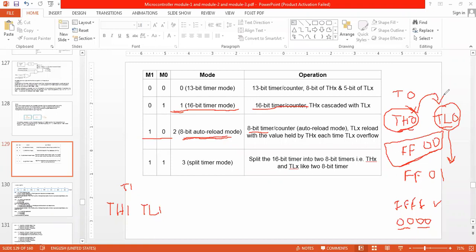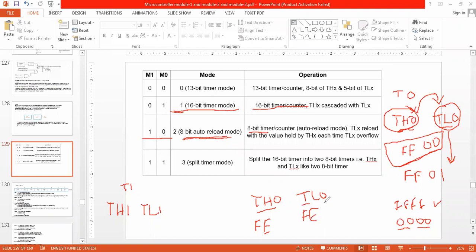Say TH0 is having FEH. So the TL0 value will be FEH.